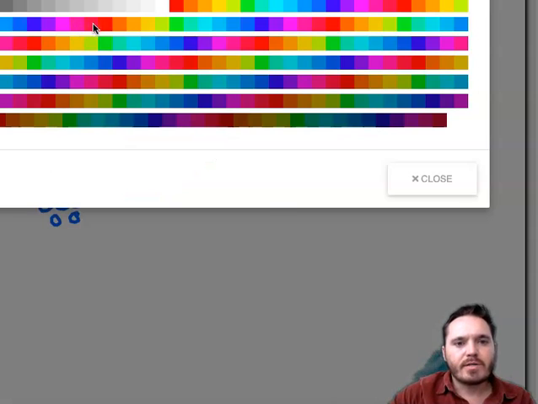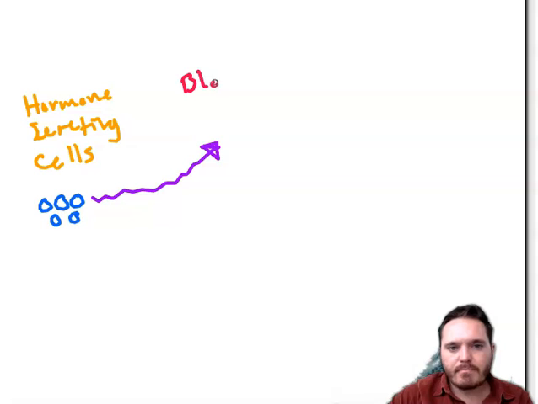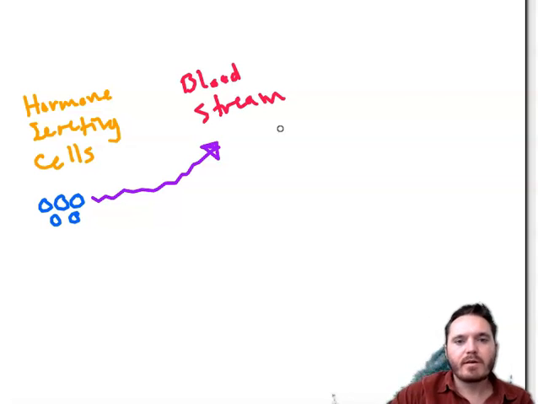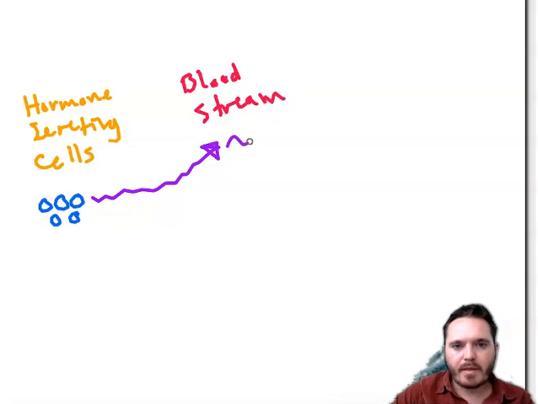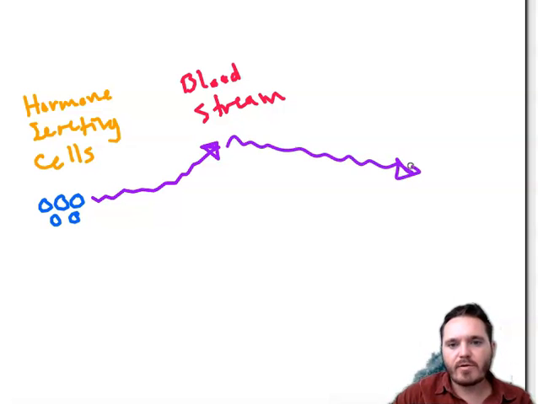Into the bloodstream. That bloodstream is then going to take the hormone and further transport it over to the target cells.